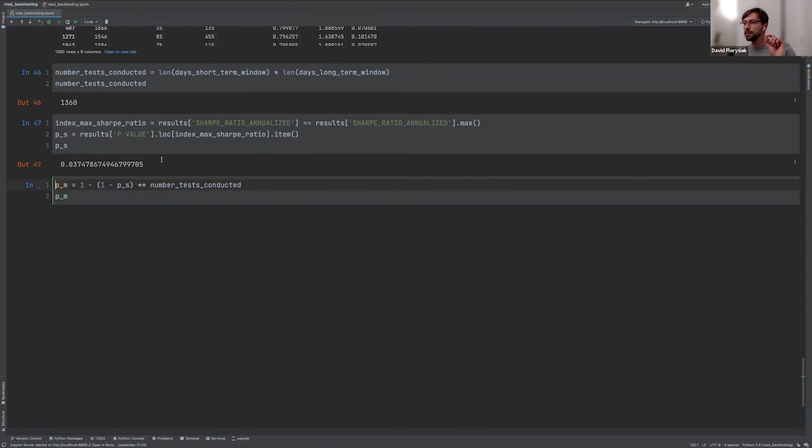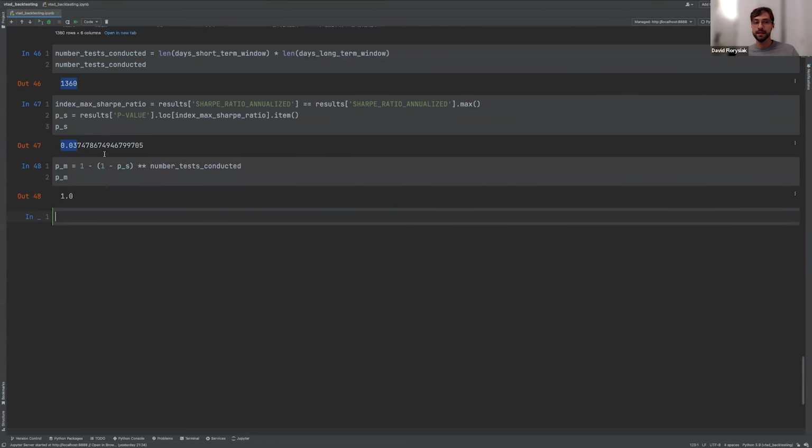The p-value of the maximum annualized Sharpe ratio was actually 3.7% if we just conducted one test. If we account for the number of tests that we actually conducted here, the 1,360, I'm just going to apply the formula that you see in my slides, and the resulting p-value is actually 1. It's 100%.